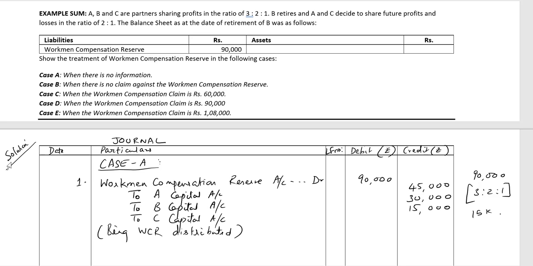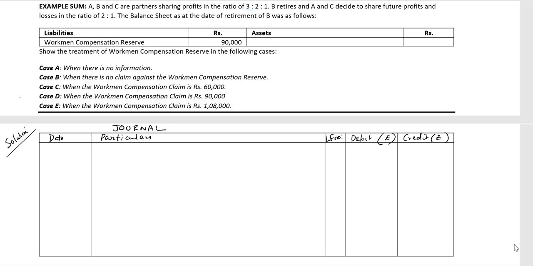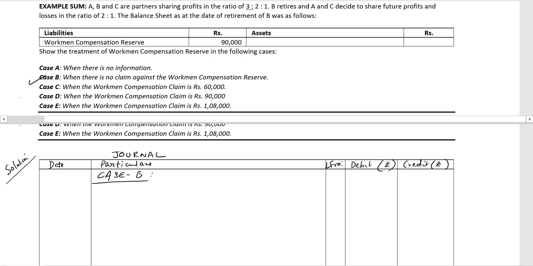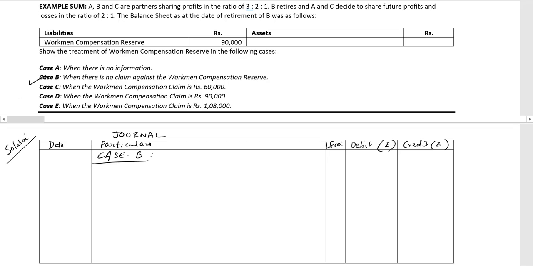Let's go to case B. The case B says, when there is no claim against the Workmen Compensation Reserve. So the answer is the same as case A. There is no claim against the reserve.